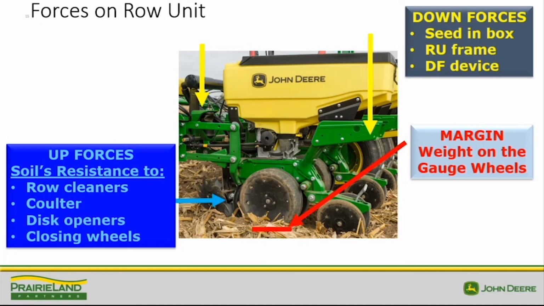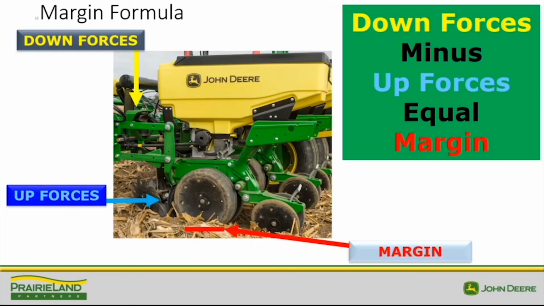And that's why I put the red line there underneath the gauge wheel, showing that that is the weight that's left over between downforces minus upforces. So if you like math, the equation is that downforces have to be bigger, so that when you take upforces away from them, we have weight left over, and that's called margin. So there's our successful planting formula right there.